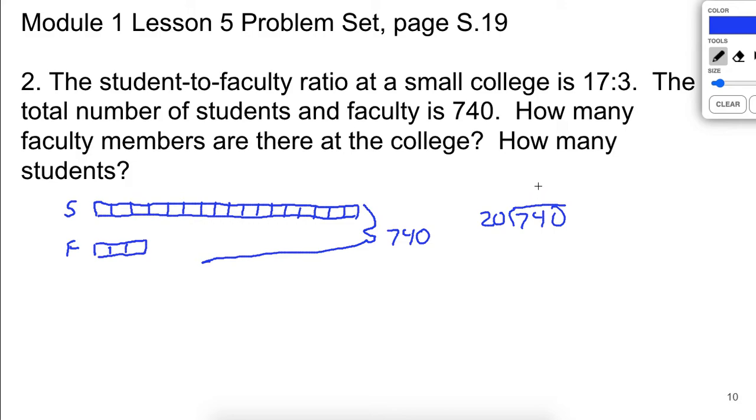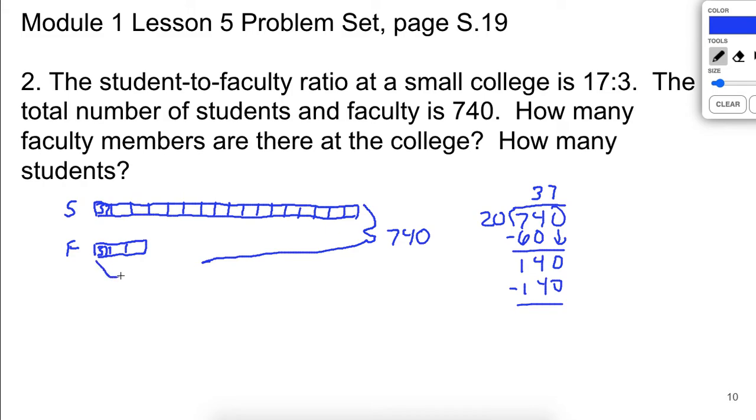So that's going to go in there 3 times, isn't it? So 3 times 20 would be 60. Minus that down. That would be 140. Drop down our 0. That's going to go in there 7 times. So we end up with 37. So each one of these is 37.